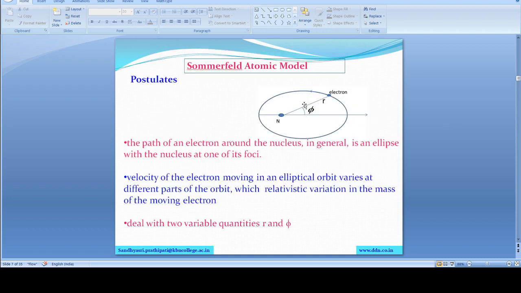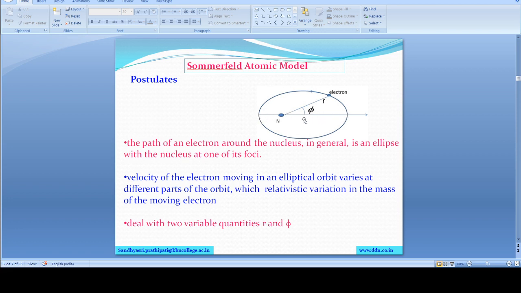Here is phi. n phi is the phi related quantum number. If n phi is equal to 0, then this radius is here. No phi here. So the electron's place is here on the major axis. So if n phi is equal to 0, the electron moves like this.